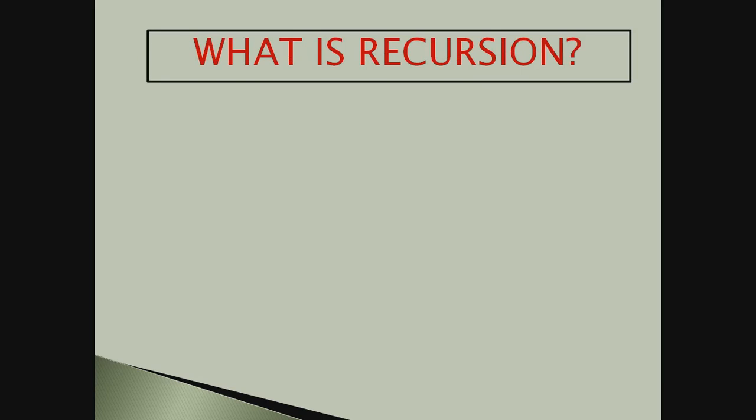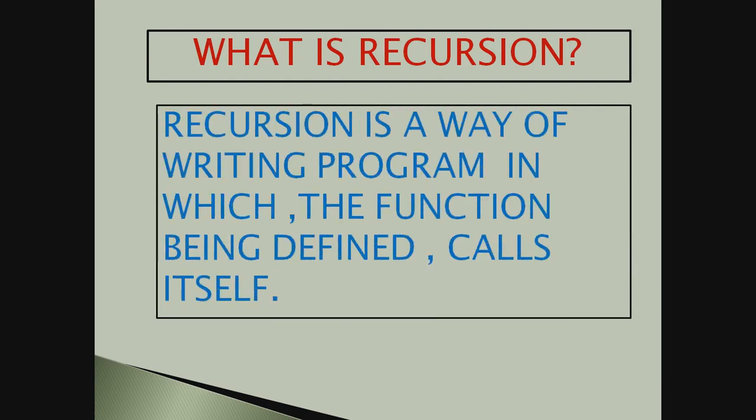We all know what recursion is. Recursion is a way of writing a program in which the function being defined calls itself. That means the body of the function being defined has the calling statement in it.